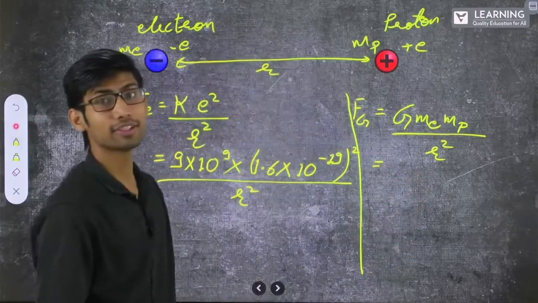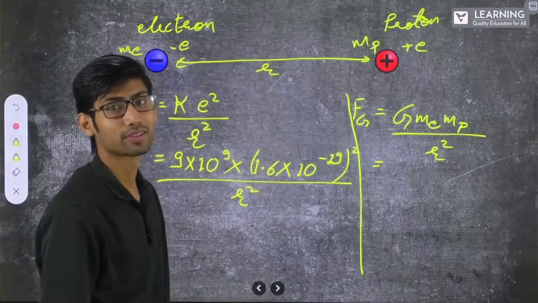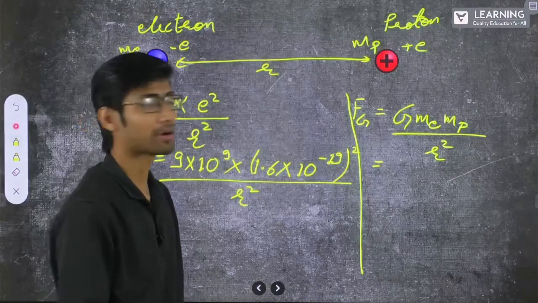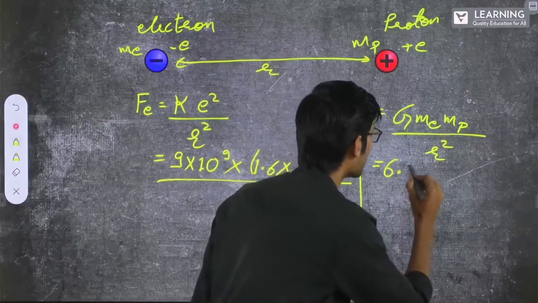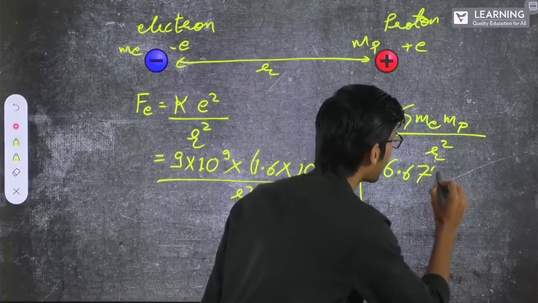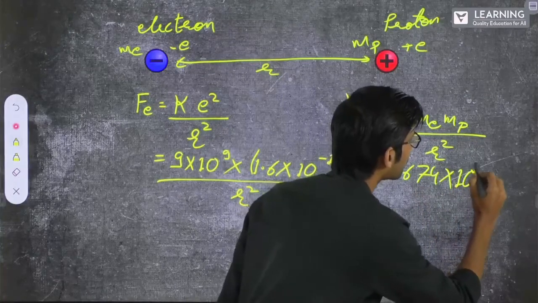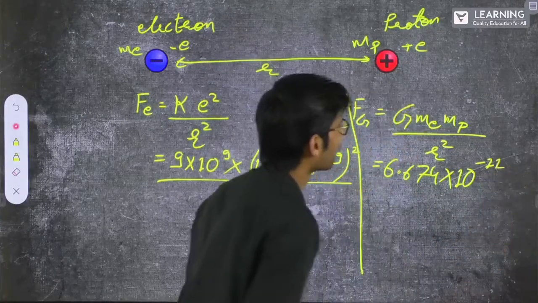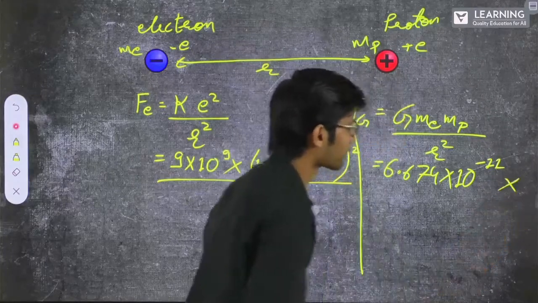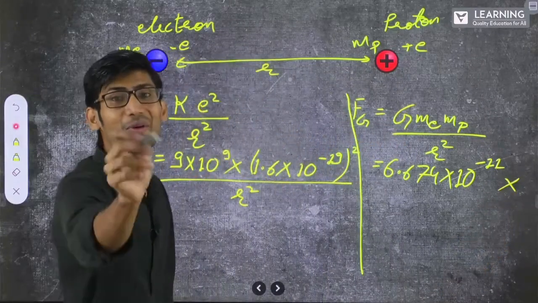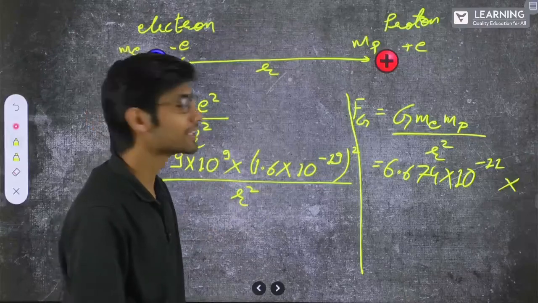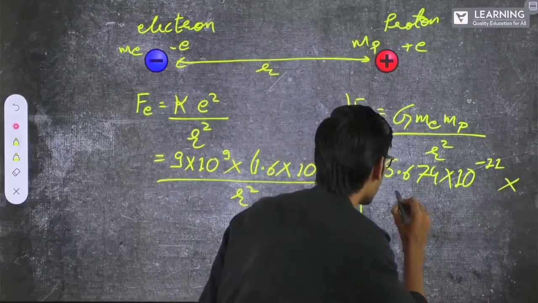Here for gravitational force, what will we get? G, what is the value of G? I hope you remember. 6.674 into 10 power minus 11. What is the mass of electron? 9.1 into 10 power minus 31 kgs. In the first session only I told.